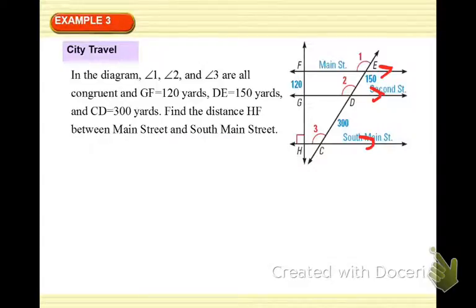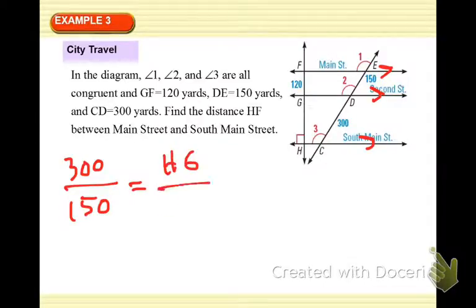Okay, I would take DC, 300, is to 150 as HG is to 120. 300 to 150 as HG is to 120. Cross multiply and solve. So before I cross multiplied, I would reduce this fraction here.